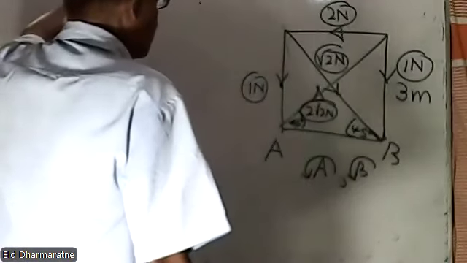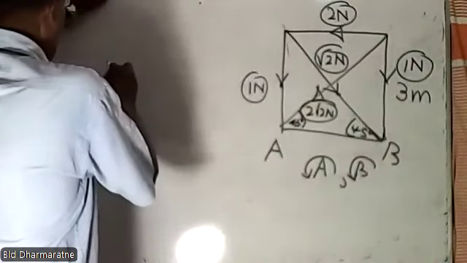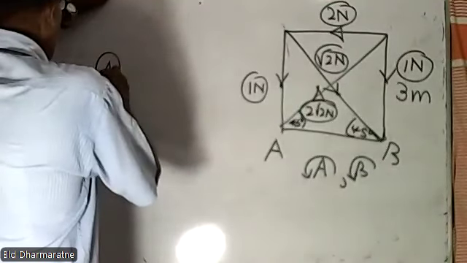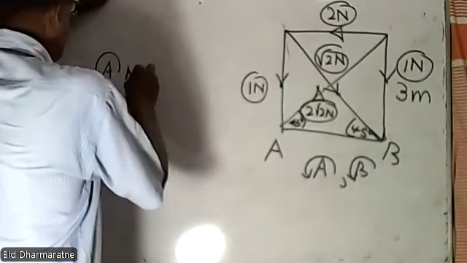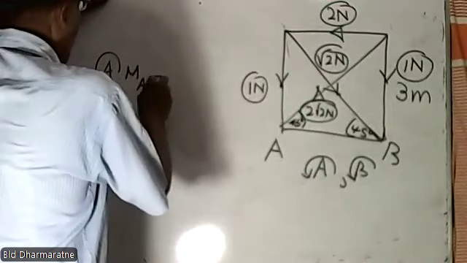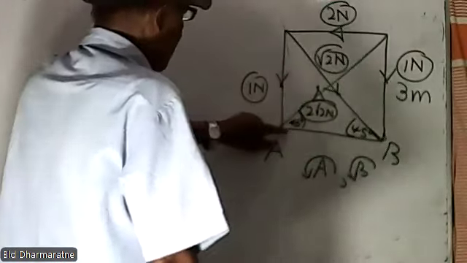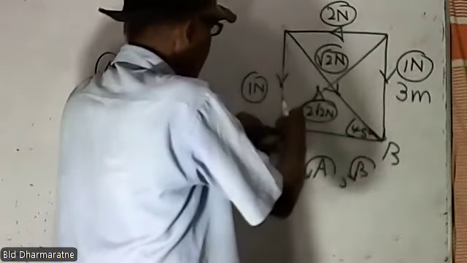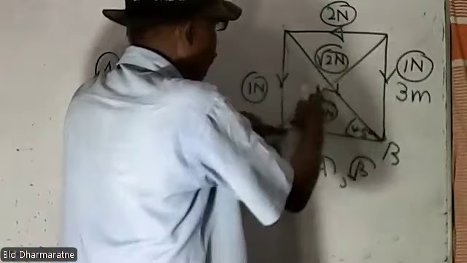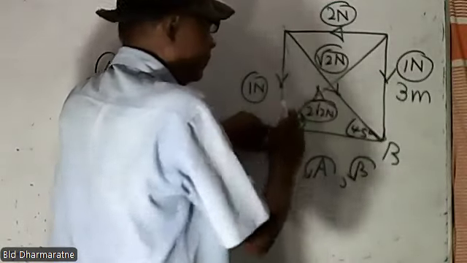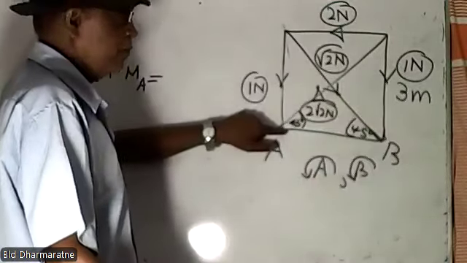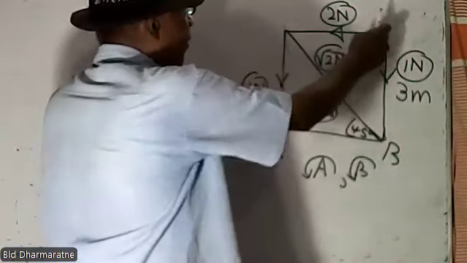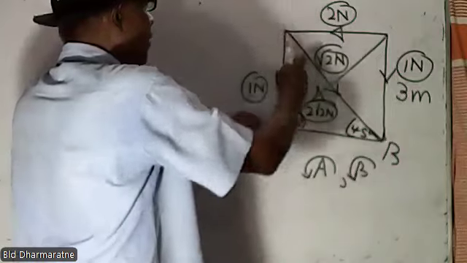Now taking moment about point A, MA equals. How many forces go through point A? One force, this 2 root 2. This is negligible, zero moment. The other forces: the 2 Newton force, what is the perpendicular?